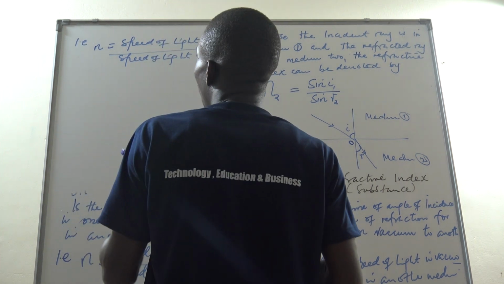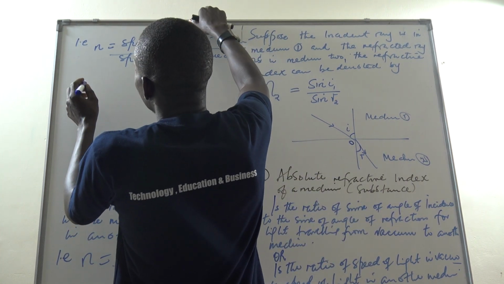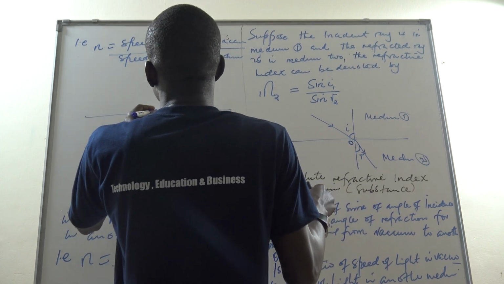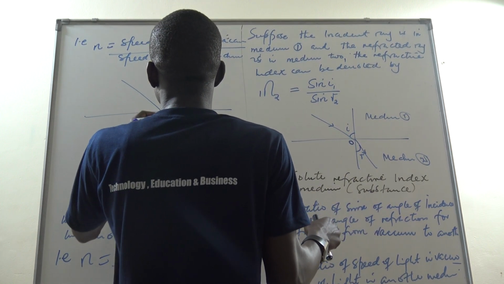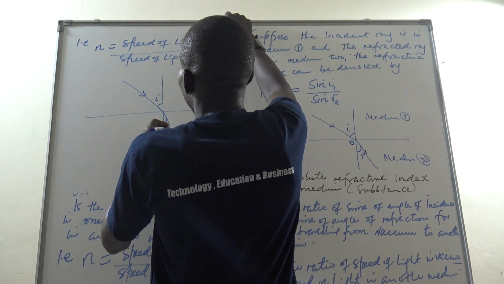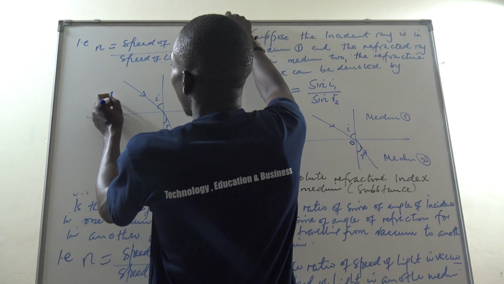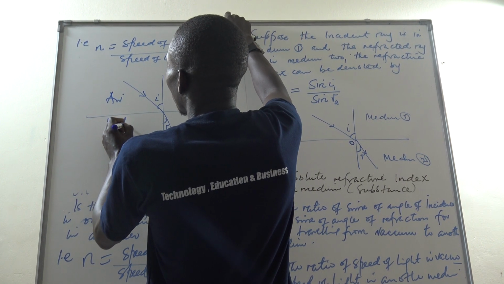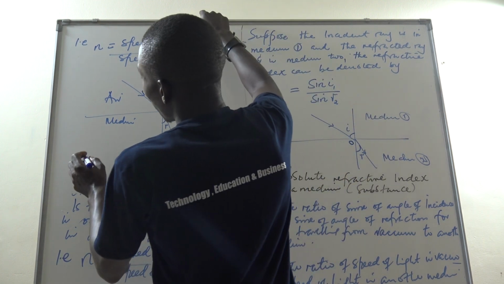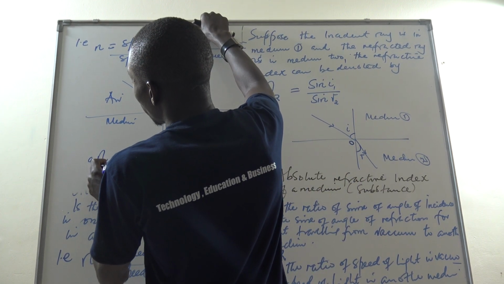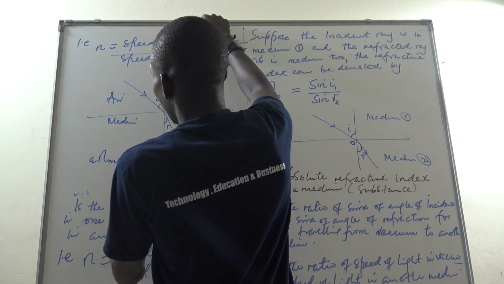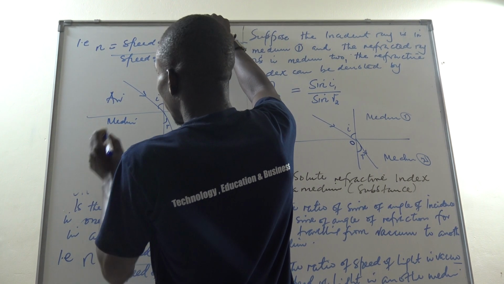Okay? So basically, if this is my i, this is my r, and this is the air and this is medium 2, we can say from air to the second medium, n equals sine i over sine r.